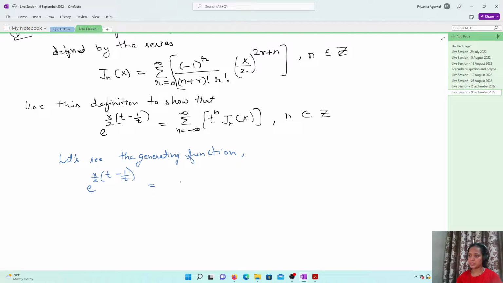Now this can be written as e to the power (1 by 2)xt into e to the power minus (1 by 2)x over t, right?